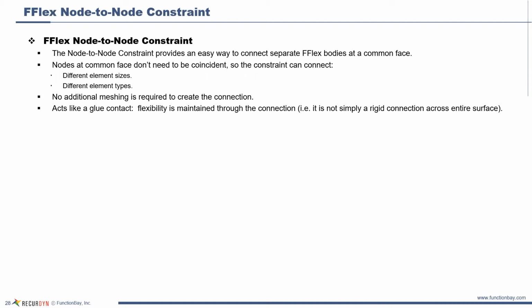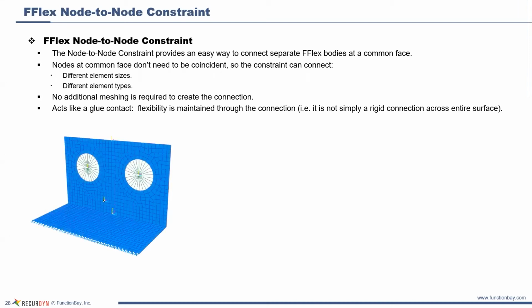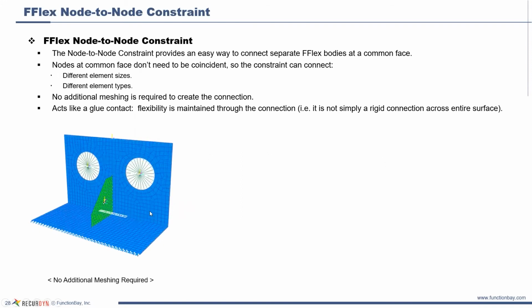It acts like a glue contact where the flexibility is maintained through the connection. Some examples of this: we can start here with this 2D shell element mesh, and then if we have another 2D shell element, we can create this constraint by first defining the nodes where you want to make the connection, and then you create the constraint itself.